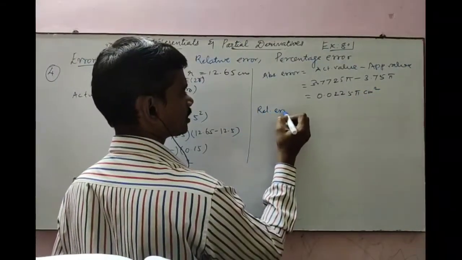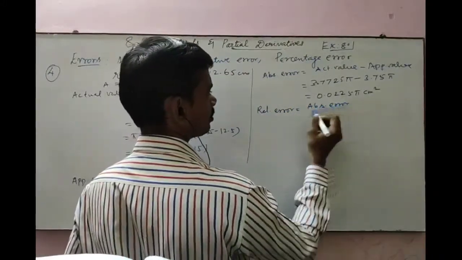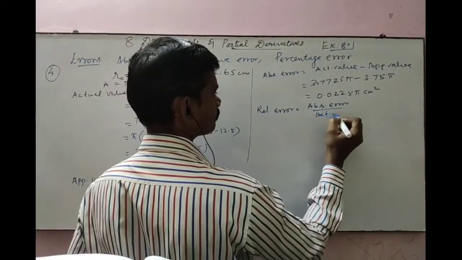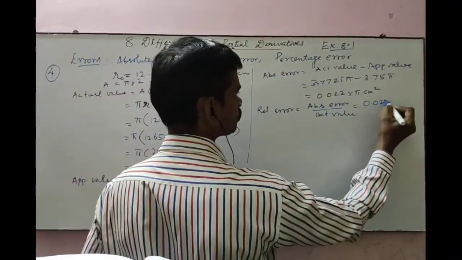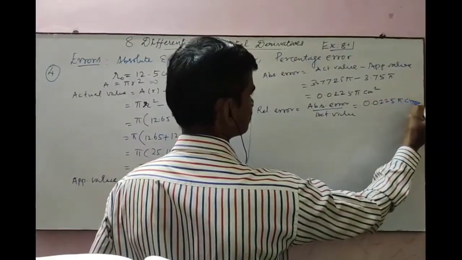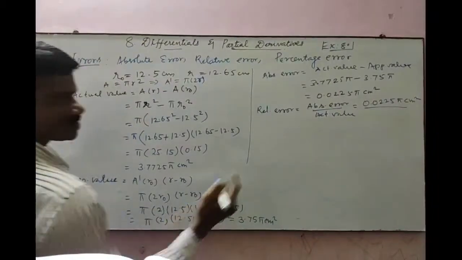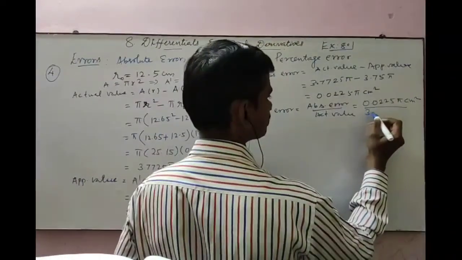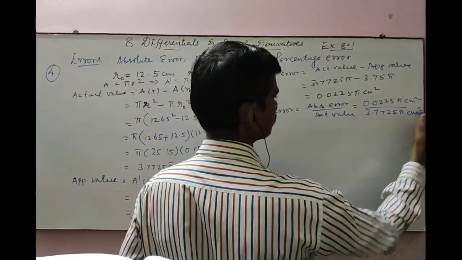Then the relative error. The formula for relative error is absolute error by actual value. Here the absolute error is 0.0225 pi centimeter square divided by the actual value. We already found the actual value, that is 3.7725 pi centimeter square.